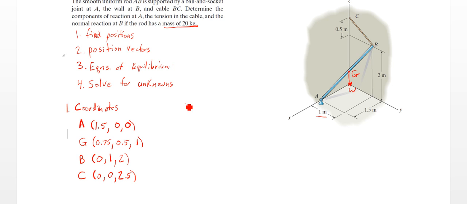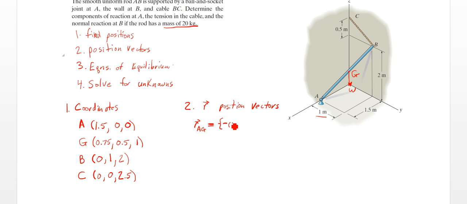So next we'll make some position vectors. So our first position vector will be from A to the center of gravity, so we'll call it RAG, and that's going to be our final position minus our initial position.